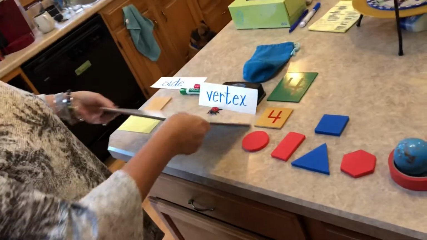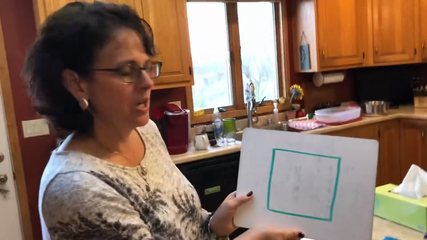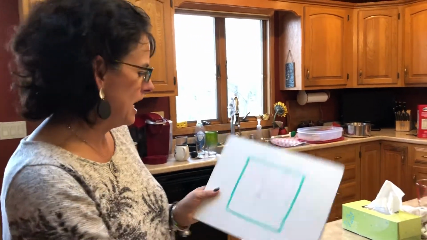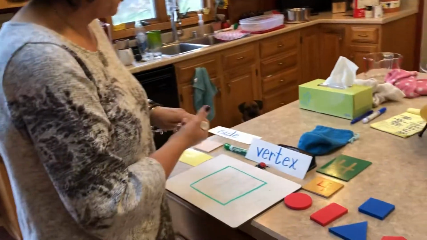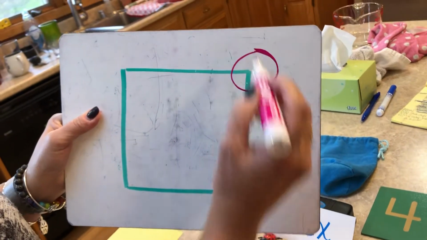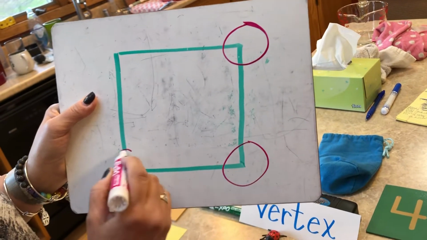Today, kindergartners, I would like you to use some chalk or some crayons or markers and practice drawing some squares, big squares, little squares, and then can you please label each vertex? Maybe you could circle the vertices.